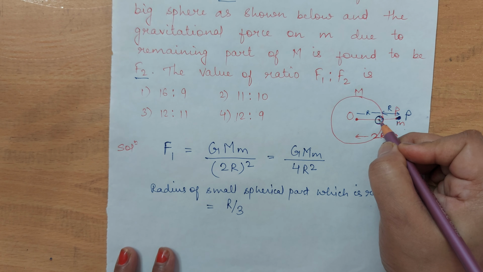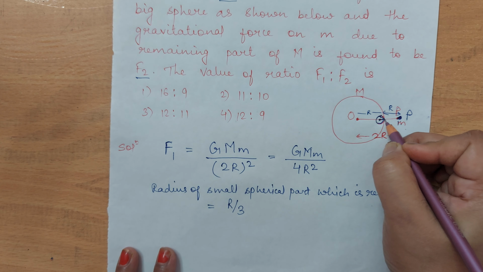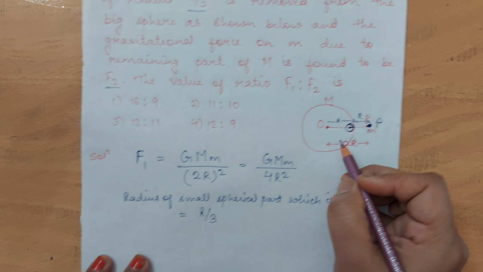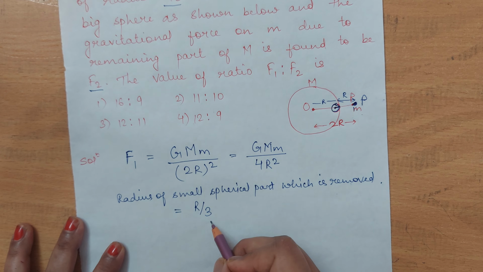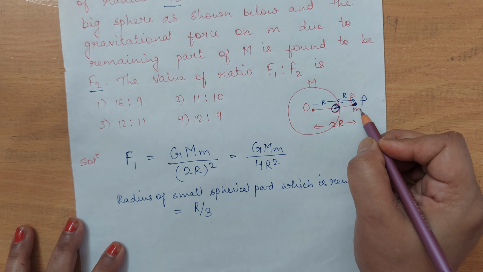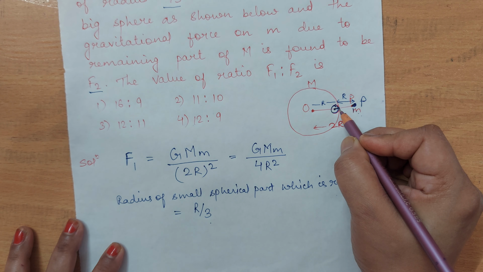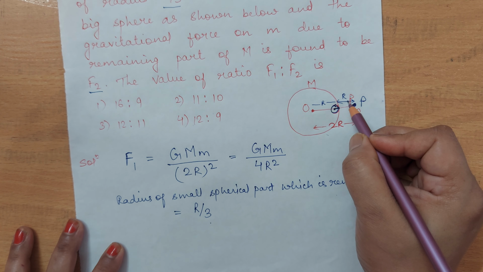So the center of the small spherical part is this place, and this distance is the radius, which is r by 3, and the distance of this point mass m from the surface of the bigger sphere is r.